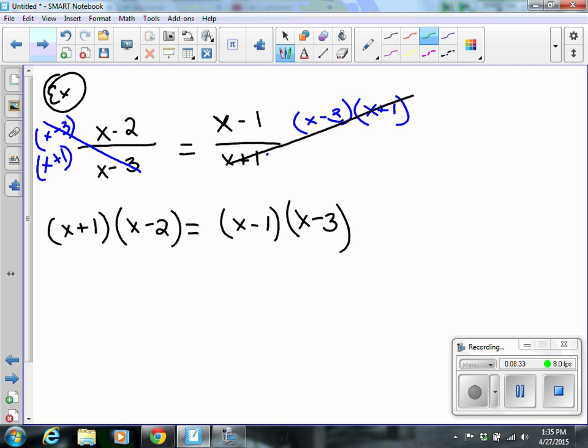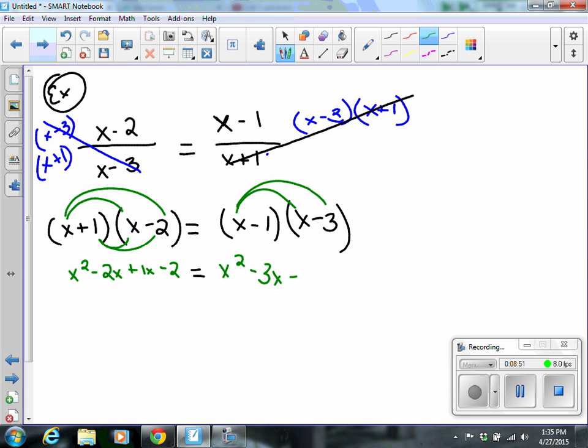So I'm going to go ahead and distribute this. I have x squared minus 2x plus 1x minus 2 equals x squared minus 3x minus 1x plus 3. I'm going to go ahead and combine my like terms.